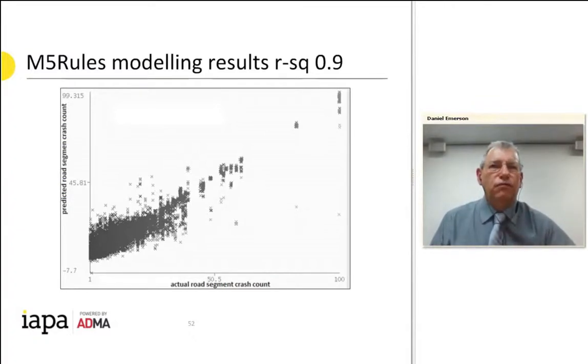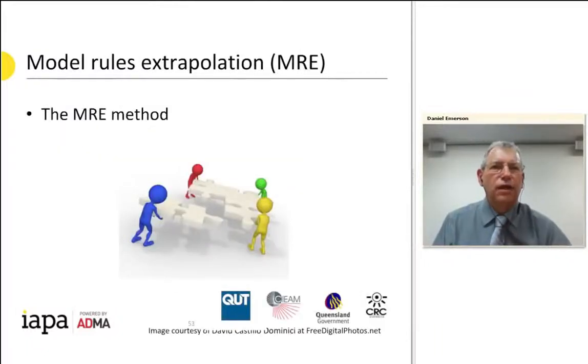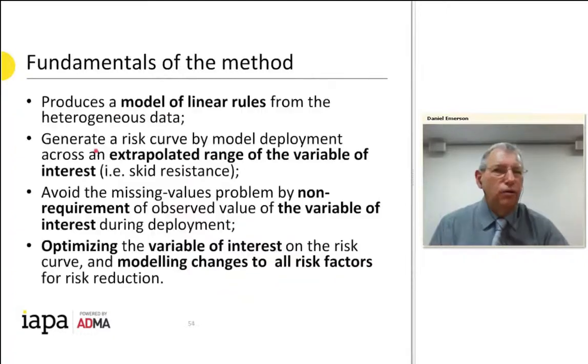We want to avoid the missing values, and this actually becomes a non-requirement because we have this extrapolation going on where we don't actually need to know the observed value of the skid resistance for this to work, and that's really amazing. And then finally, we want to be able to optimise the variable of interest on the risk curve and model changes to all risk factors and not just the skid resistance.